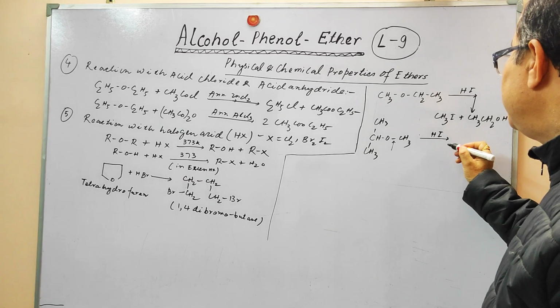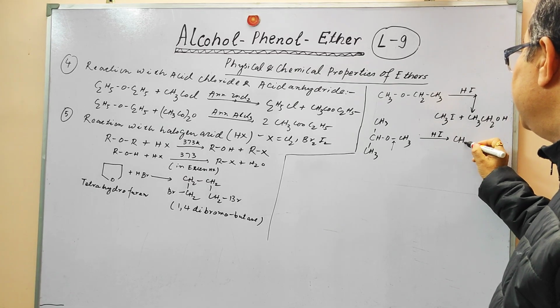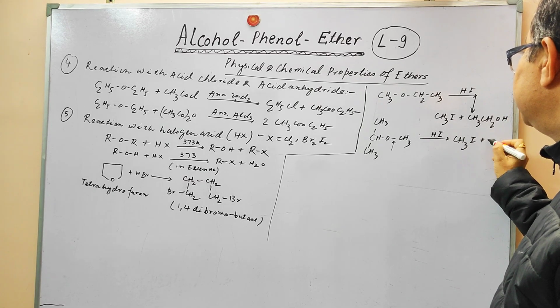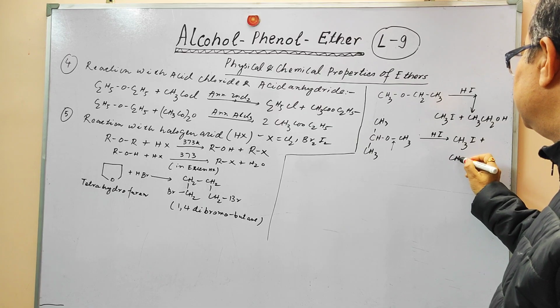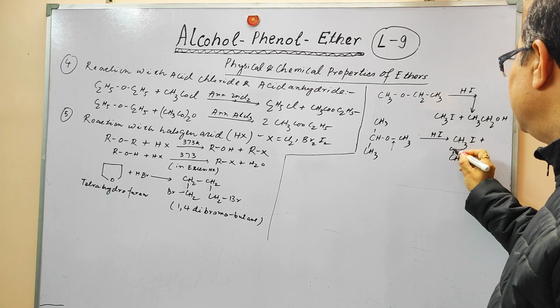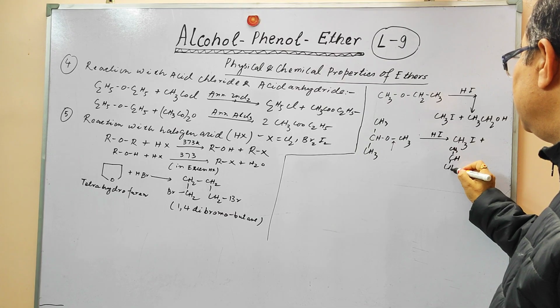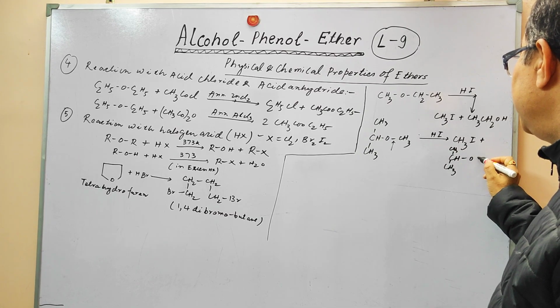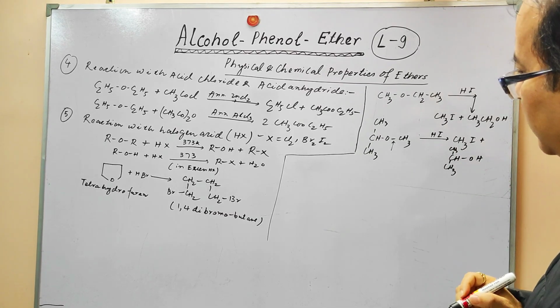So it is going to produce this alkyl halide and this alcohol. Also butyl alcohol, it will produce an alkyl halide.